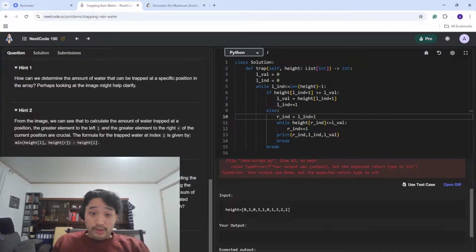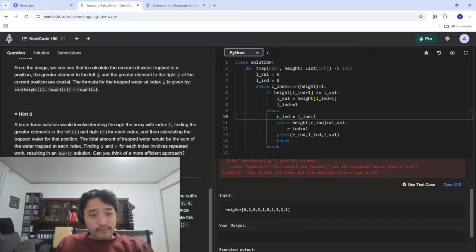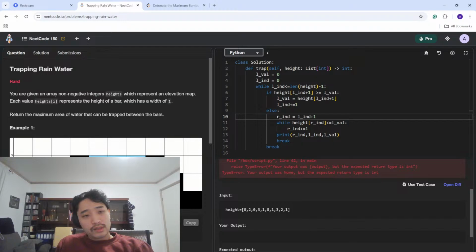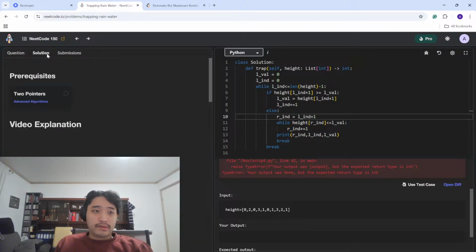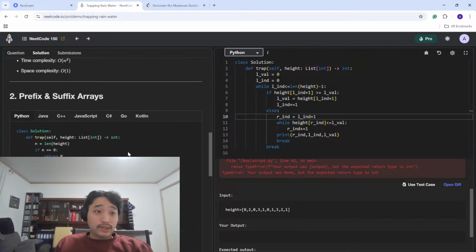So it is one of those. I just want to see how they use a stack and middle prefix.